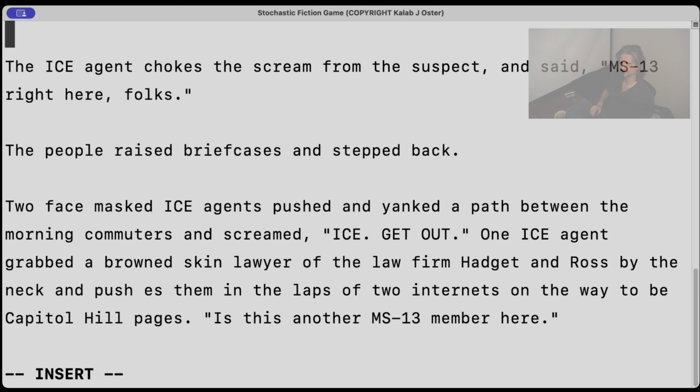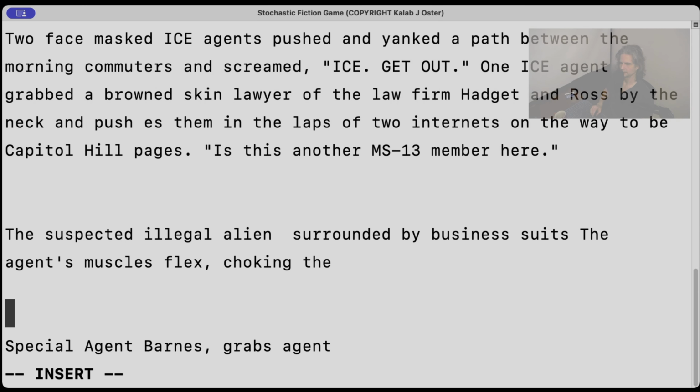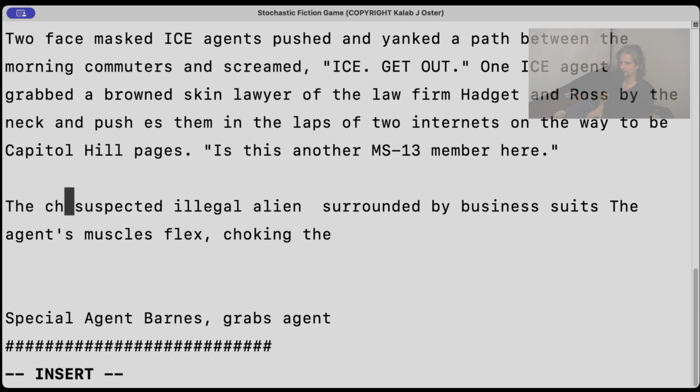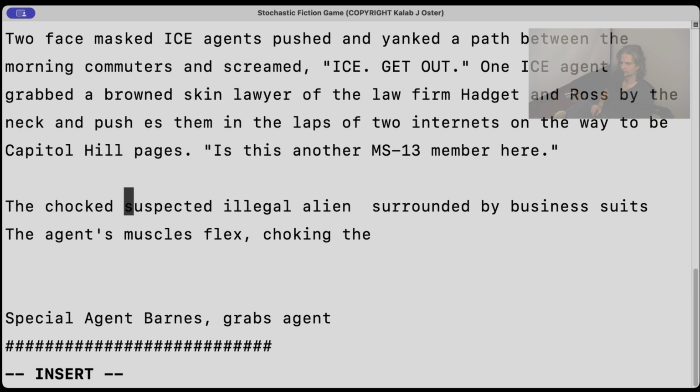I mean, I gotta get into the details here. The choked, suspected illegal alien. Because they're both choked now, though.